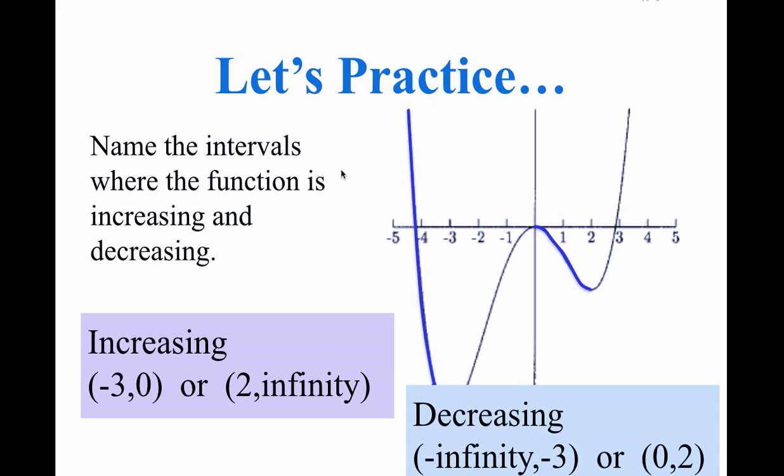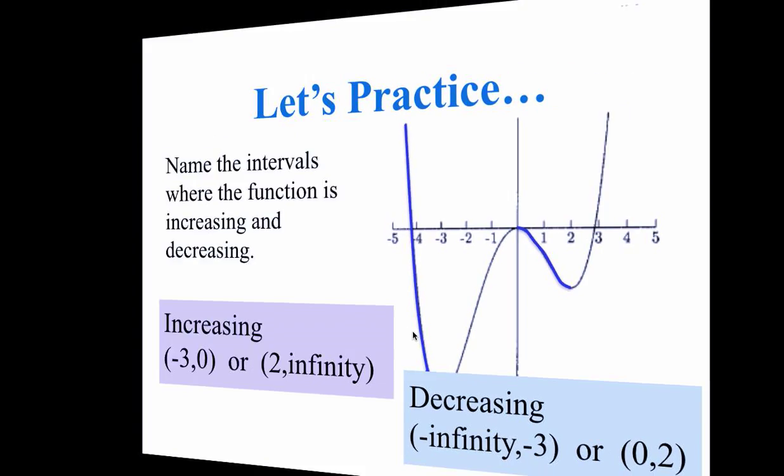Your decreasing, again, left to right, and again we're assuming they're arrows here, so negative infinity to -3, and then 0 to 2. Notice I am not including the x values because I have 2 here and 2 here, so that is the changing point where it goes from increasing to decreasing or vice versa.